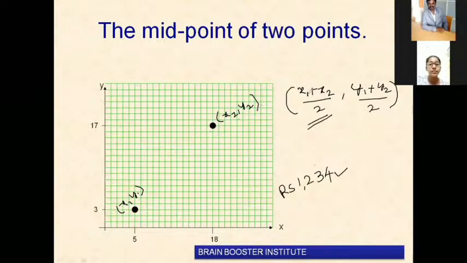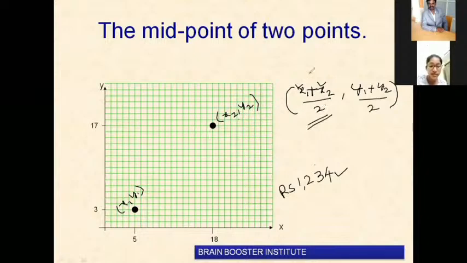Got the point? Here x1 plus x2 means x1 and x2 are the x coordinates of two points. Am I correct? Yes, sir. So x1 plus x2 means the sum of x coordinates of two points. Got the point? And by 2.